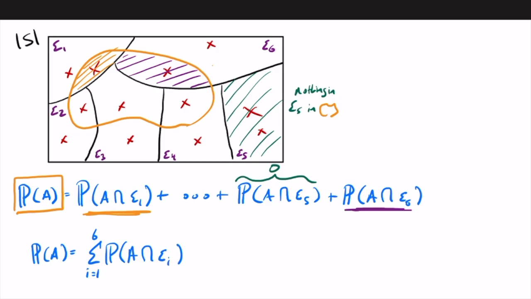Then we'll count the rest of these in dark blue, all of these ones that are hidden.